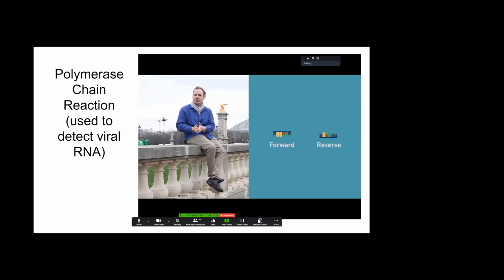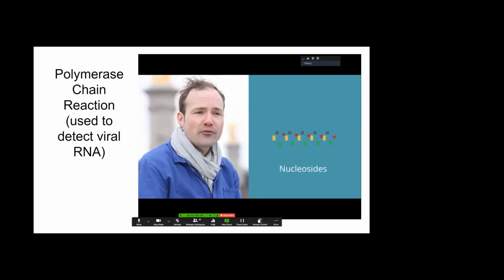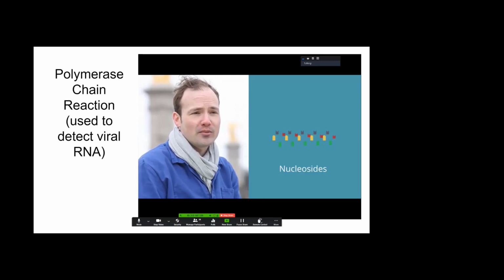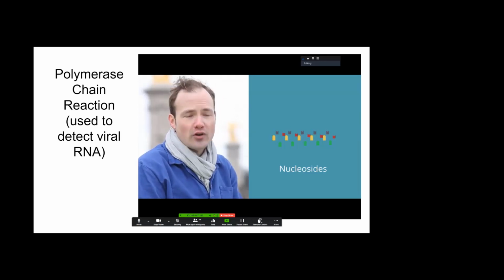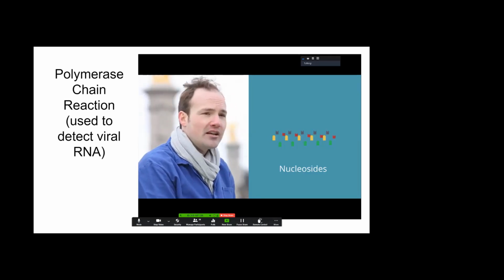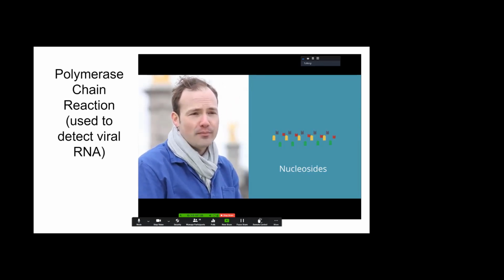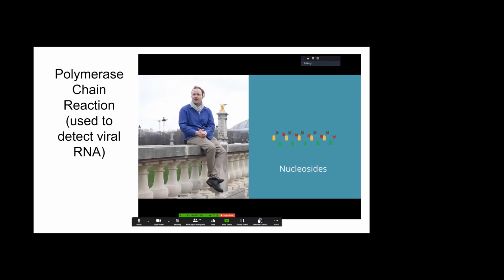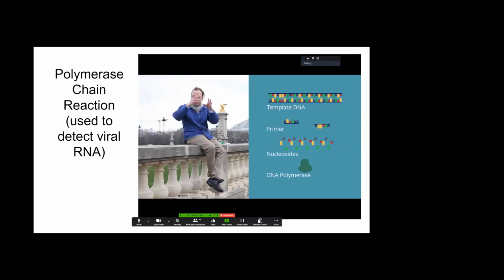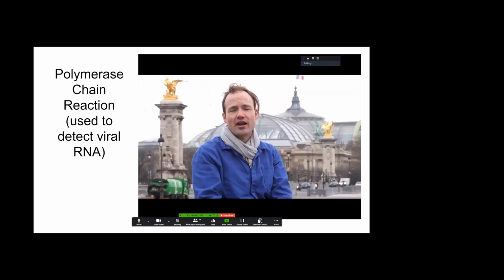A PCR reaction uses 2 primers, one on each side of the piece of DNA that we want to replicate. Finally, we need some free DNA base pairs to feed the polymerase. These are the nucleoside triphosphates, ATP, GTP, CTP, and TTP, that the enzyme uses to build the new DNA strand. That's 4 things: template DNA, primers, nucleoside triphosphates, and DNA polymerase. We mix them all together, put them in a thermocycler, and make the magic happen.